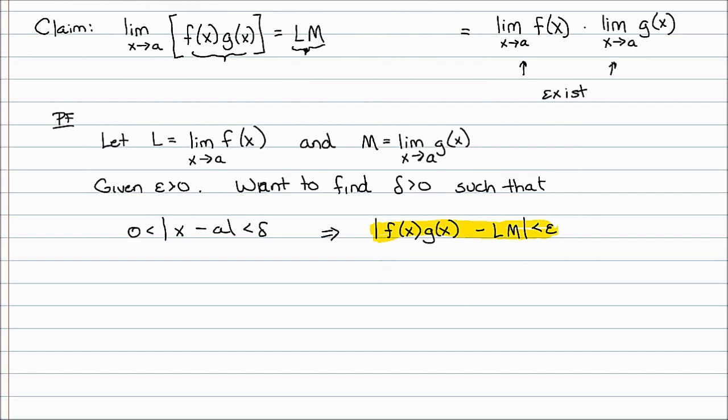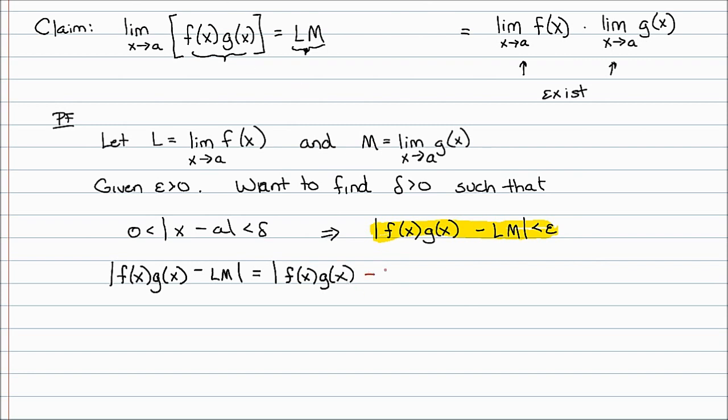So let's take that statement there, the absolute value of f of x times g of x minus L times M. Let's start with that. I happen to know that that's equal to, and here we go, this is going to be kind of a strange thing for you to see, f of x times g of x, and what I'm going to do is add in something here.